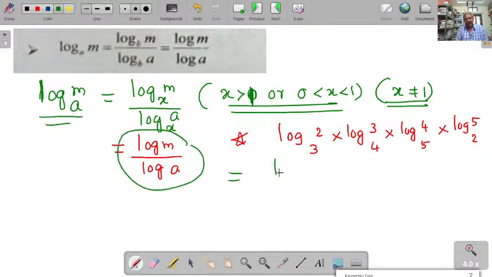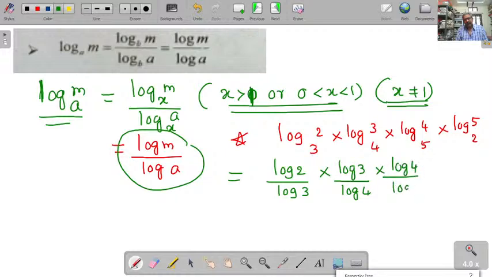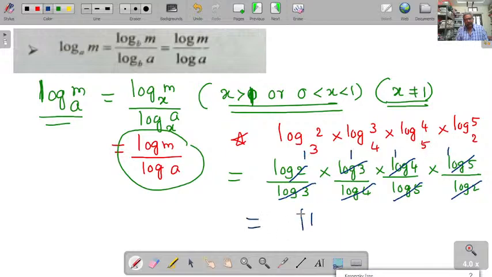We can write log 2 by log 3 into log 3 by log 4 multiplied with log 4 by log 5 multiplied with log 5 by log 2. So my dear students, what will cancel out here? Log 3 cancels out, log 4 cancels out, log 5 cancels out, log 2 cancels out: 1, 1, 1, 1. So obviously you get 1.